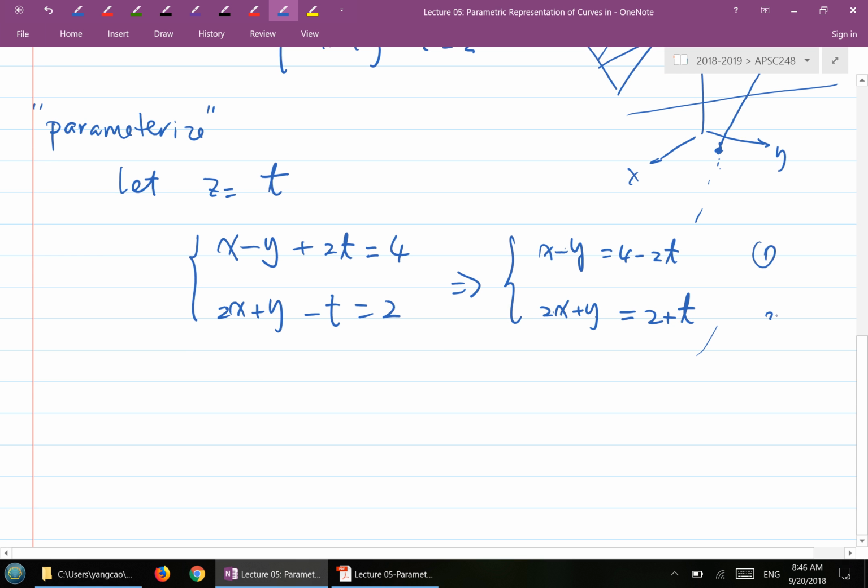If this is equation 1 and this is equation 2, I'll add these two equations together first to get rid of the y. 3x becomes 3x plus 6 plus or minus t. Then x equals 2 minus 1/3 t.